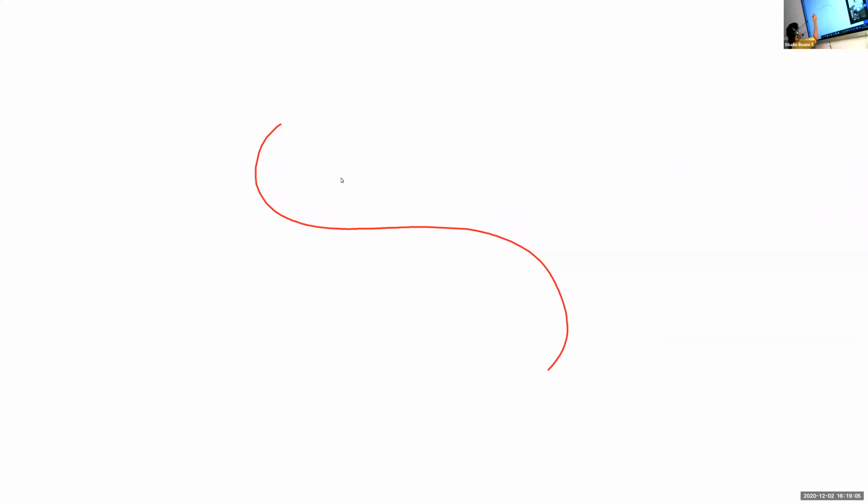Okay, and mark the starting point as A and the ending point as B. Yeah, this is the starting point and this is the ending point. Similar to this, you can mark A and B in your curved line.